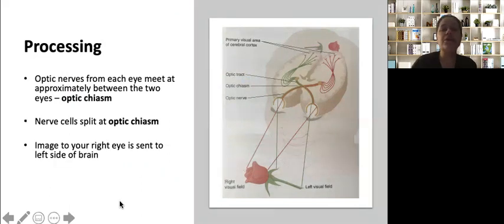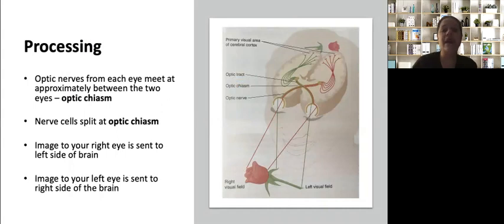So any nerve impulses that came from your right eye are actually sent to the left side of your brain. And any impulses that came from your left eye are sent to the right side of your brain. Okay, so they go through the optic nerve of each eye, they cross in the middle, and then they go to the opposite sides of the brain. So the right eye information goes to the left, and the left eye information goes to the right.